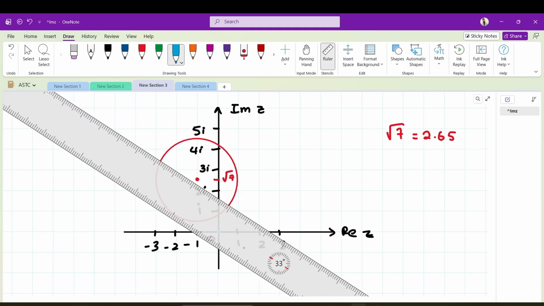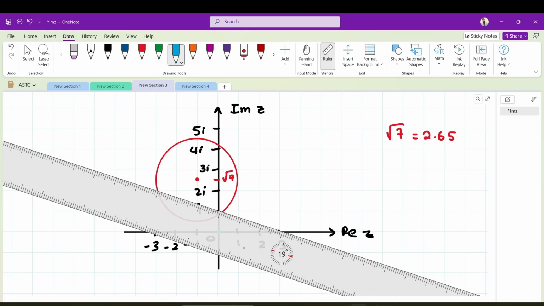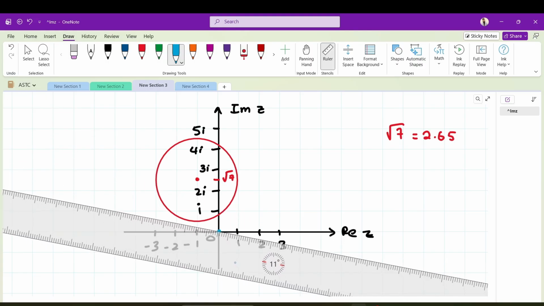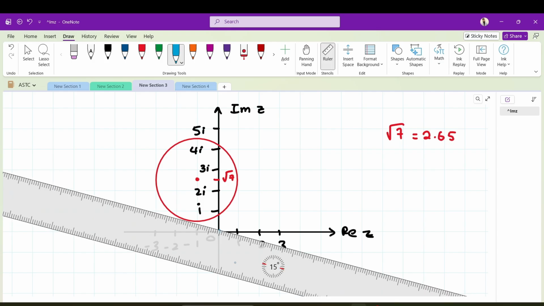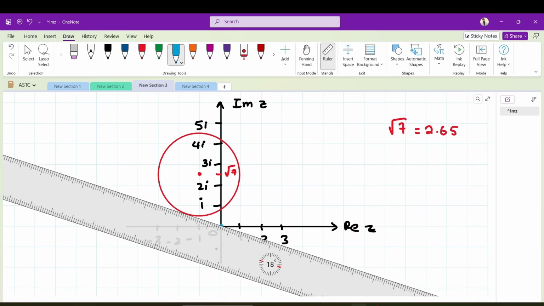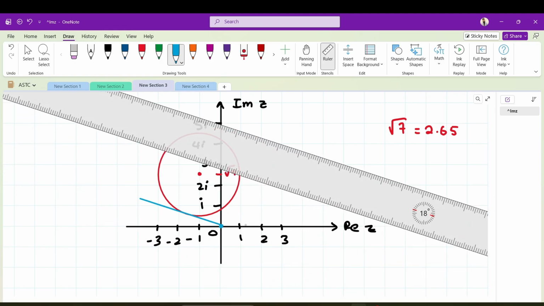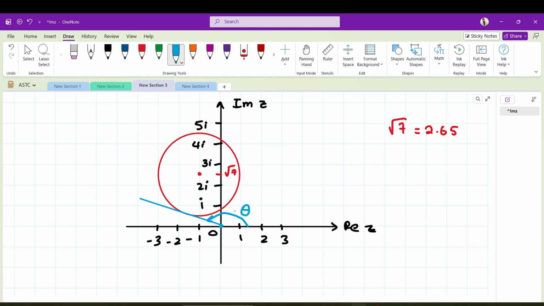You can see the angle is increasing and increasing, until this point here. So this is the angle that is required. That's the angle that we need to find, because z is all the points which are lying on this line, on the circumference of the circle.